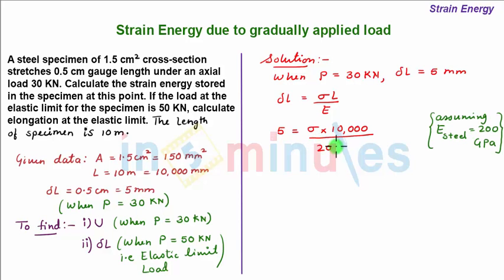We have 200 multiplied by 10 to the power 3. So we get the value of stress sigma as 100 Newton per mm square.